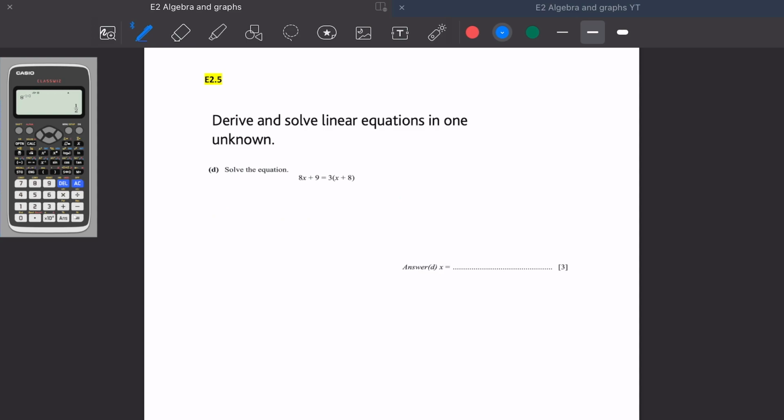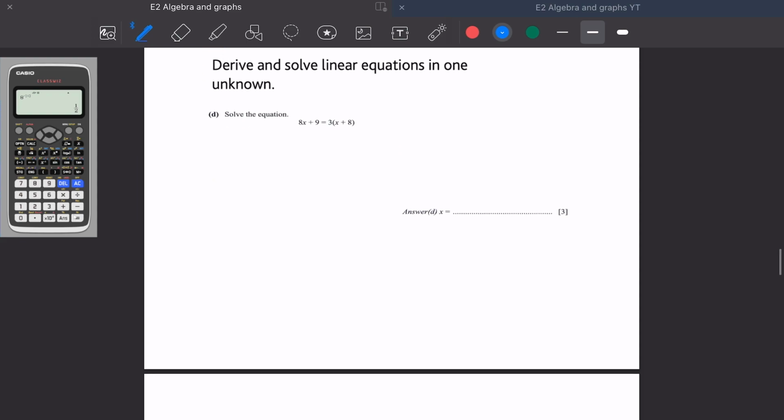The next syllabus statement is derive and solve linear equations in one unknown. So you have solve the equation 8x plus 9 is 3 into x plus 8. Let's expand the right hand side. 8x plus 9 is 3x plus 24.